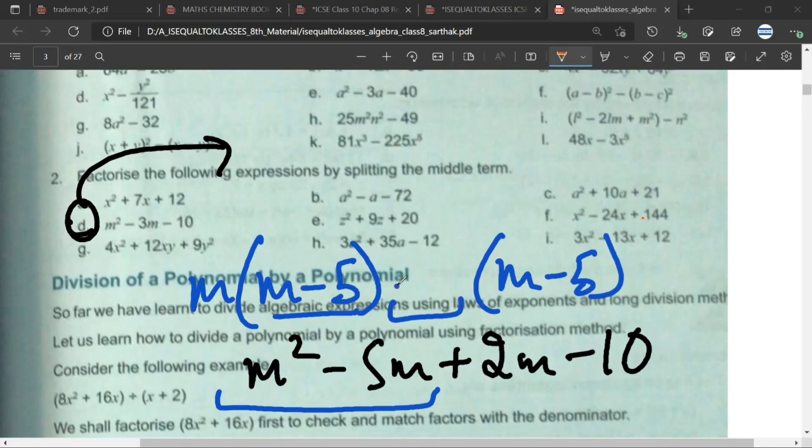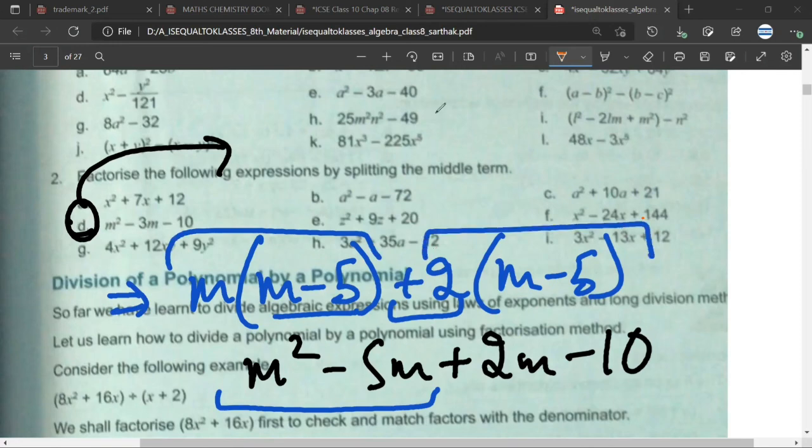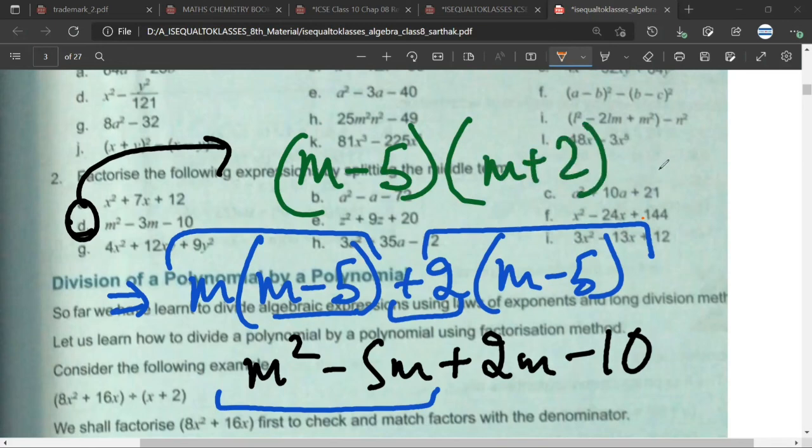Plus 2. Now from this term and this term, what is the common factor? M minus 5. What will I be left with? M plus 2. Are we clear? Yes, sir.